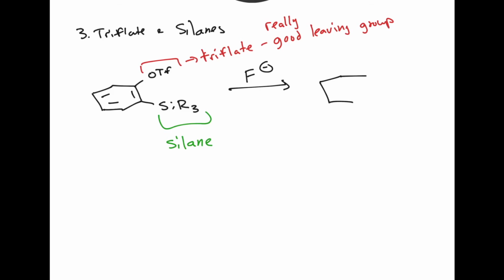And this will make a benzyne. And the benzyne can only be formed between where the silicon and the triflate are. So you always know what benzyne you're going to make because you know where your triflate and your silane were to start with.